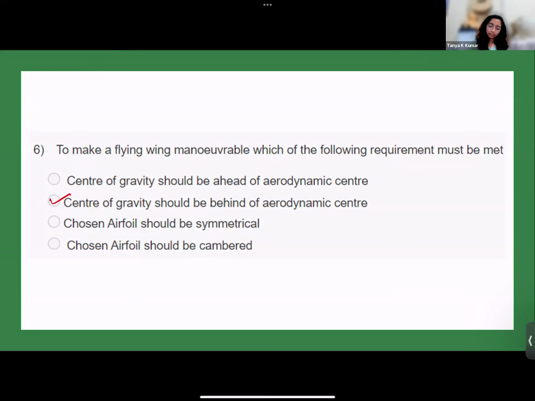Correct. For a stable configuration, you need CG ahead of the AC, right? For a maneuverable configuration, you need AC to be ahead of the CG. Correct? So this is the right answer.